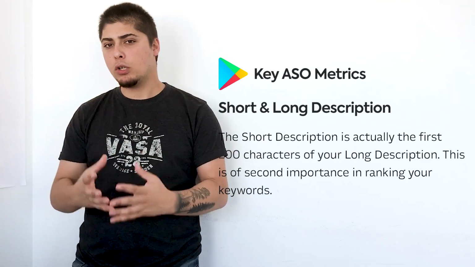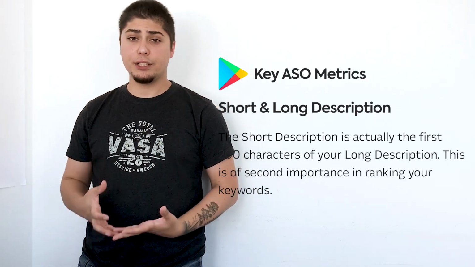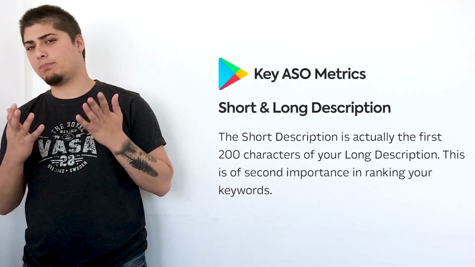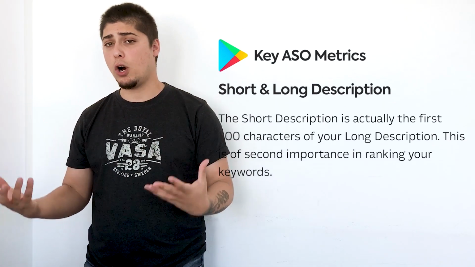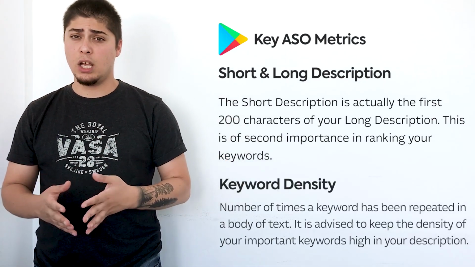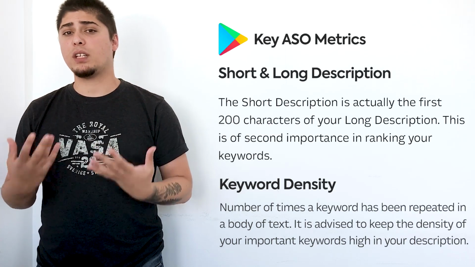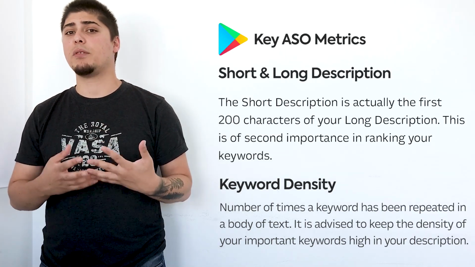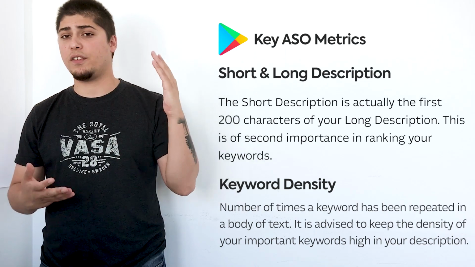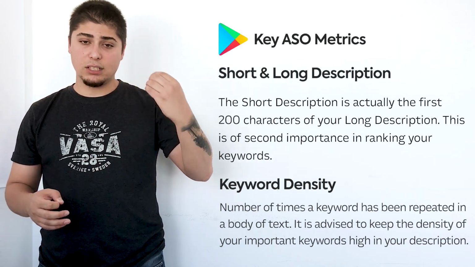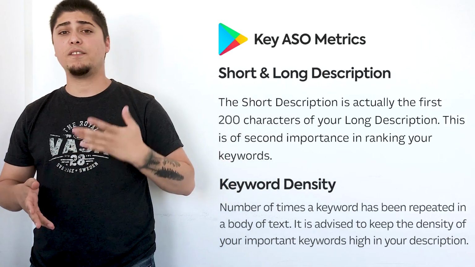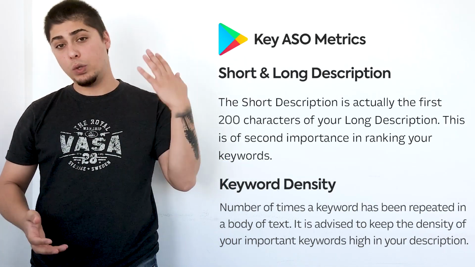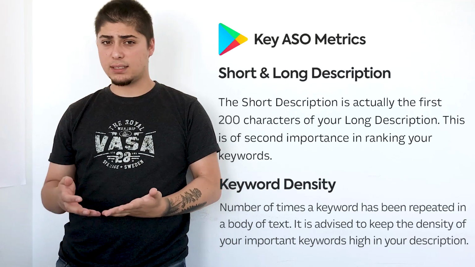But Google Play Store optimization is kind of close to search engine optimization. So we have something called the keyword density. This is the number of times a keyword has been repeated across a body of text. As you have a huge place where you add your keywords, you have to have a way to tell Google which keywords are more important than the rest.